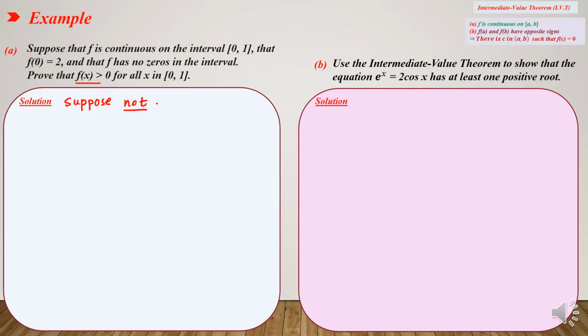So the first statement, case 1, maybe f of x equals 0, which is incorrect. This is a contradiction because f has no zeros in the interval. So f of x equals 0 is not true.